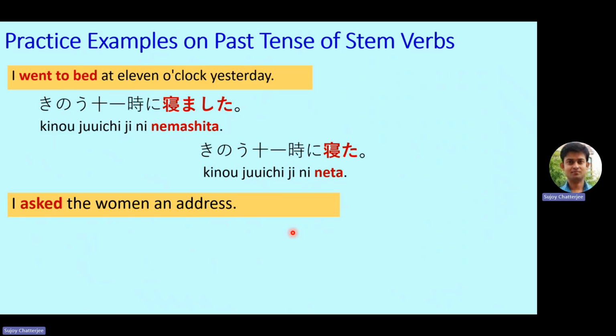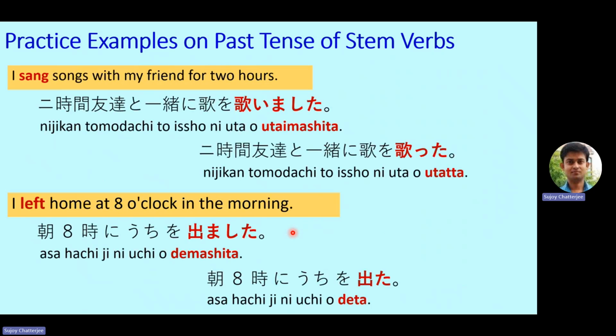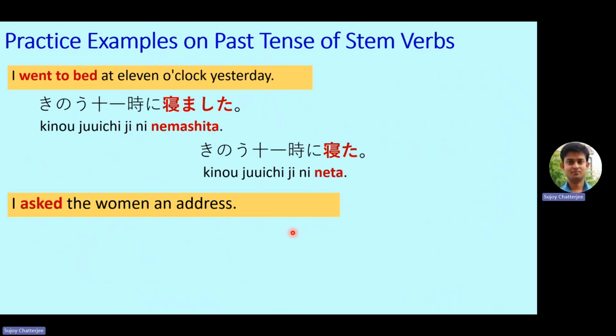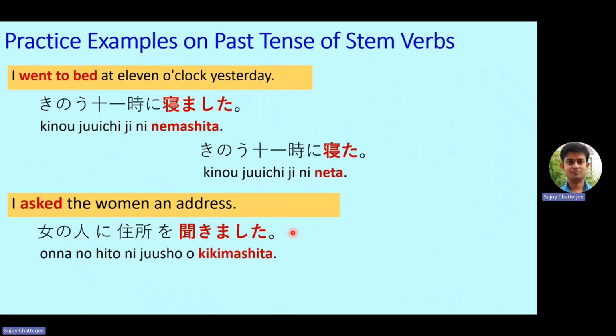So the base form present tense is neru, and it becomes neta. Similarly for demasu, it is deru, which becomes deta. So here neru becomes neta. So nemashita is neta.